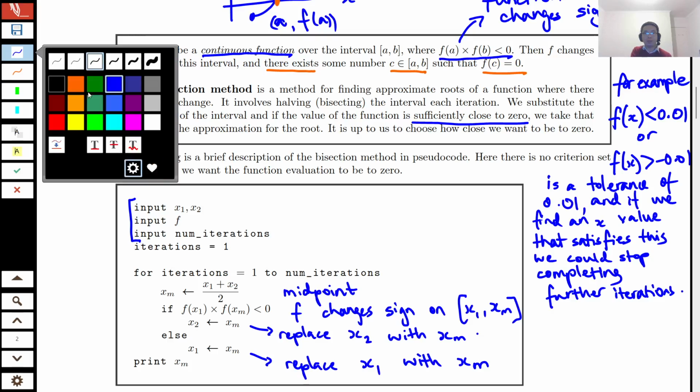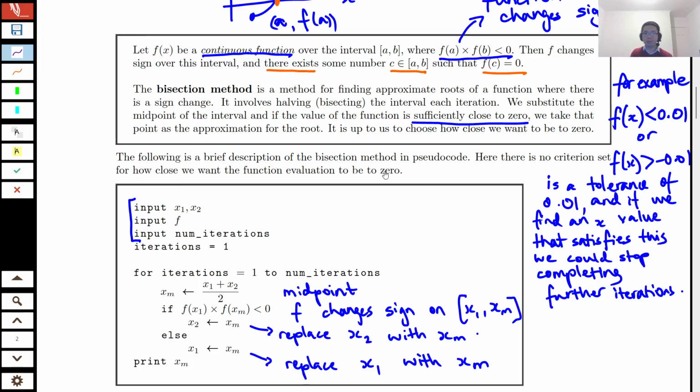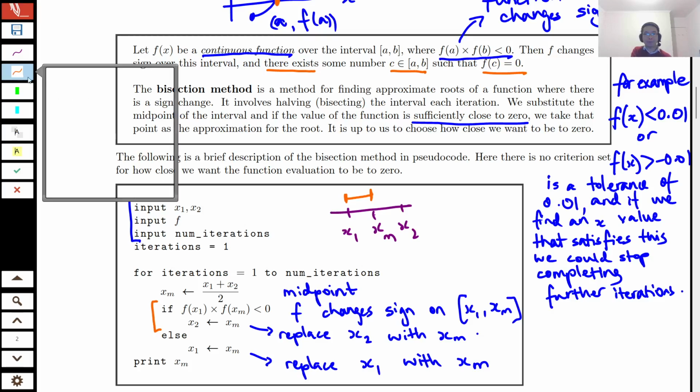Now, if it helps, I'll draw an interval, x1, x2, and xm. This part here says on the next iteration, we'll go from x1 to xm, whereas this part here says I'll go from xm to x2 at the next iteration.